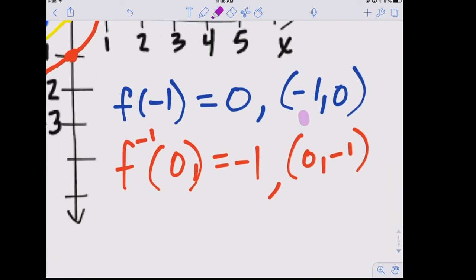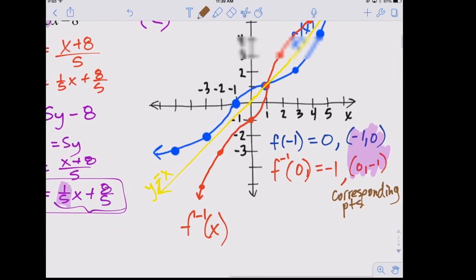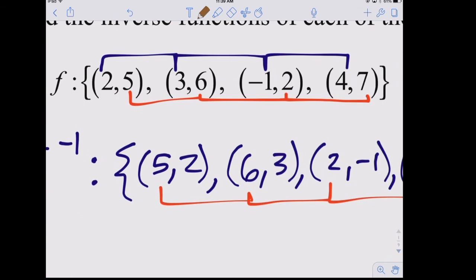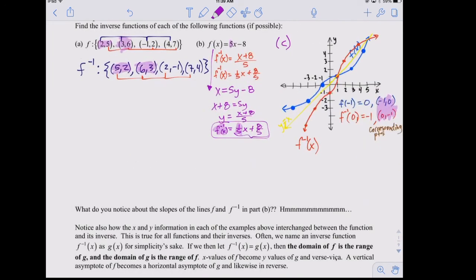These points are actually called corresponding points. That's why I use the word. Corresponding points. Good. What would be the corresponding point to the blue's -3, 2? In fact, let's come back over here. The point 2, 5 and the point 5, 2 correspond to each other. 3, 6 is the corresponding point for 6, 3, and vice versa. We call those corresponding points for inverses. Now, why is that important?